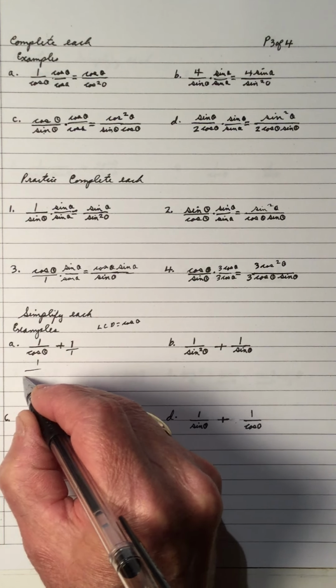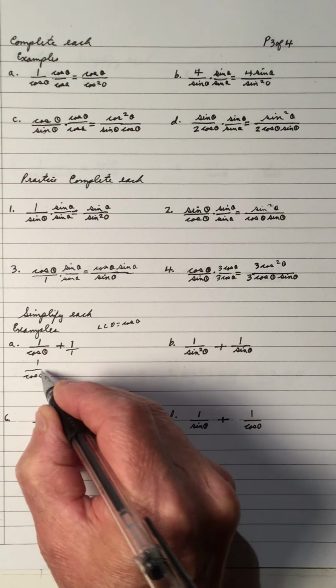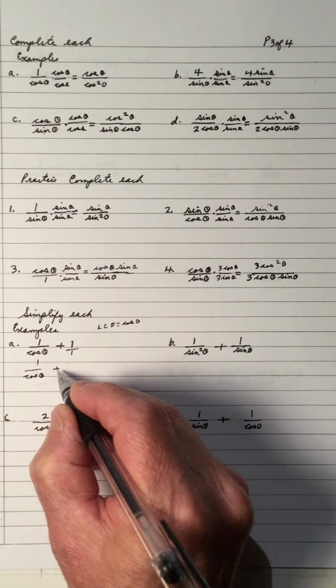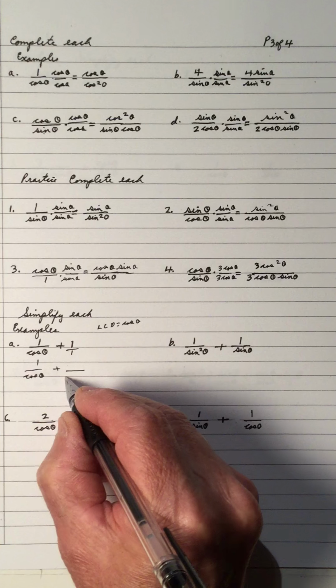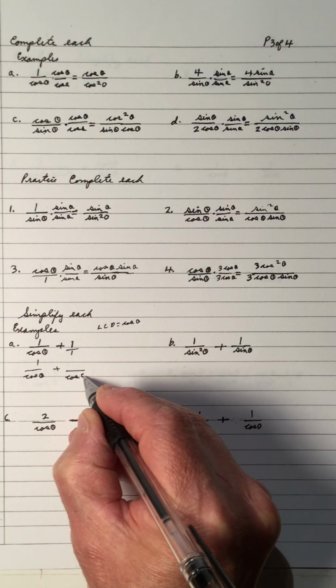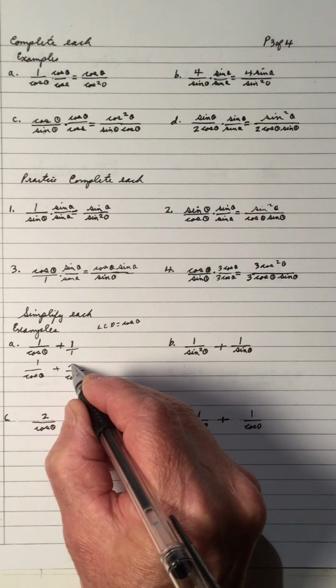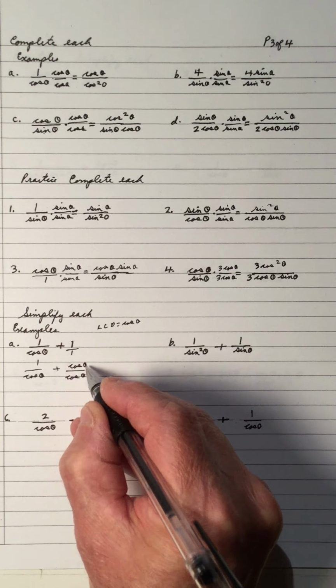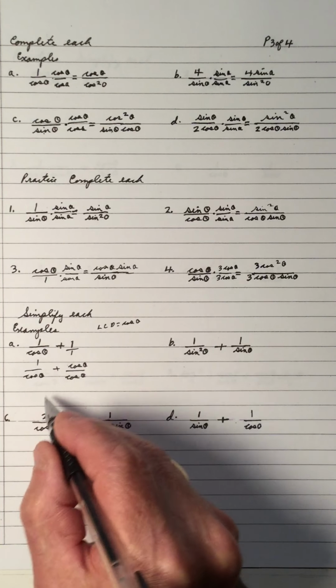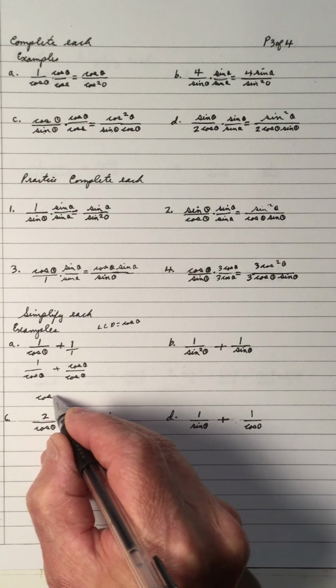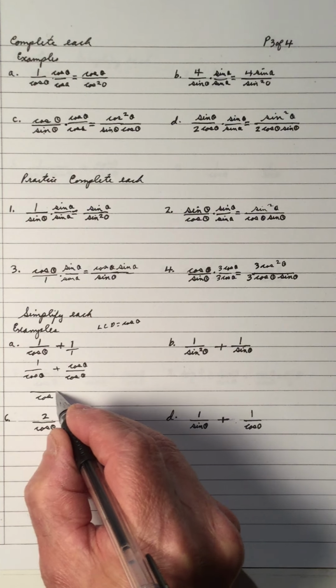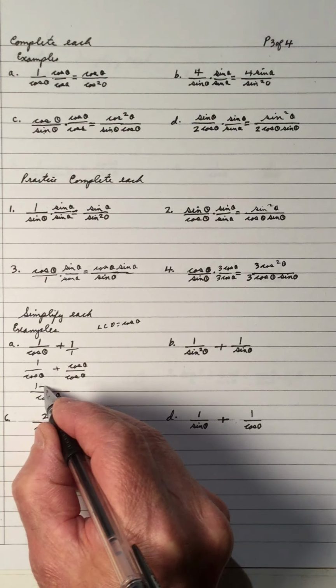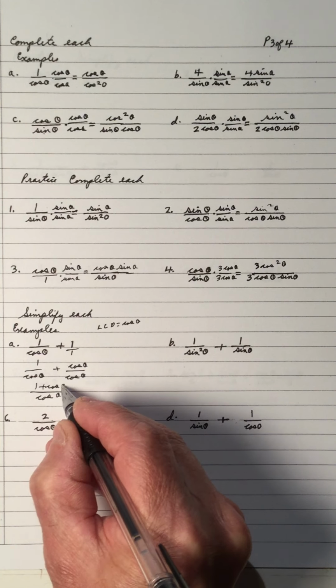So that means that we have 1 over cos theta, and 1 is the same as, we need a common denominator, which is cos theta. So cos theta divided by cos theta is the same as 1. Since the common denominator is cos theta, write it down. And we add these, 1 plus cos theta.